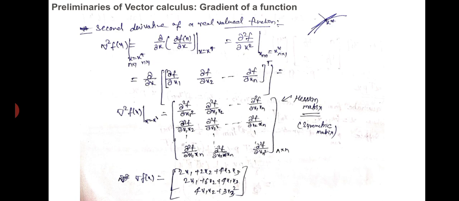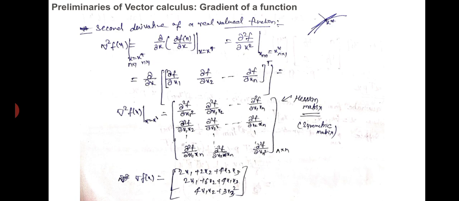First we find the first derivative and put it equal to 0. Then at that value we take the second derivative; where we get a negative value, we say it is a maxima, and where we get a positive value, we say it is a minima.